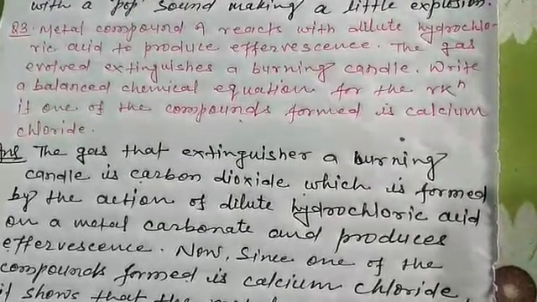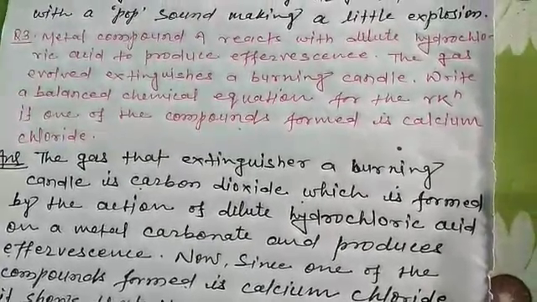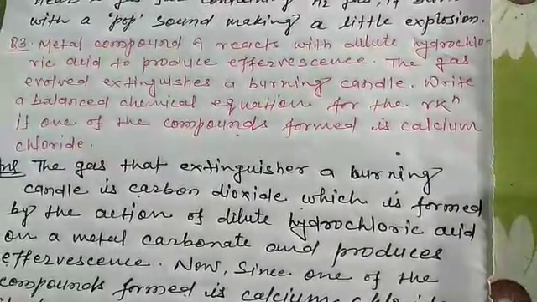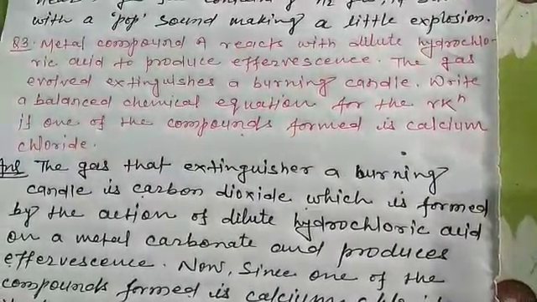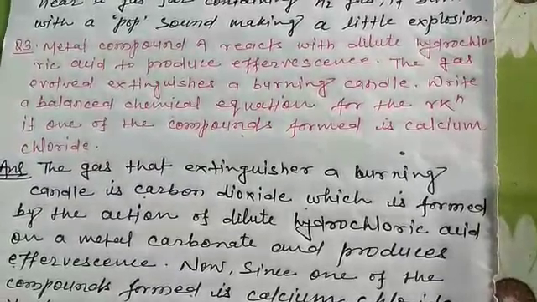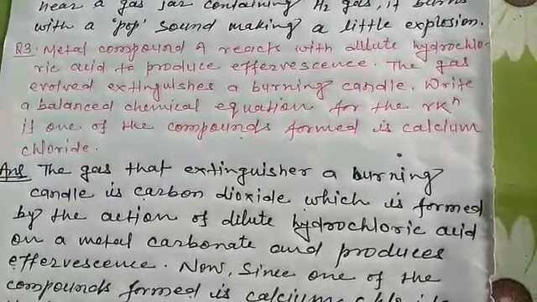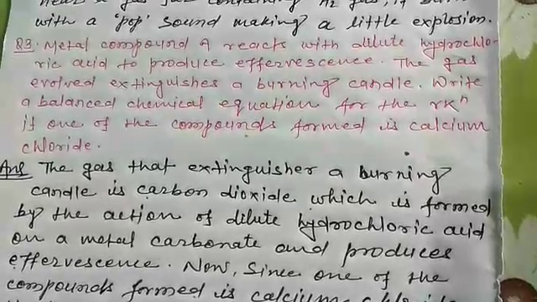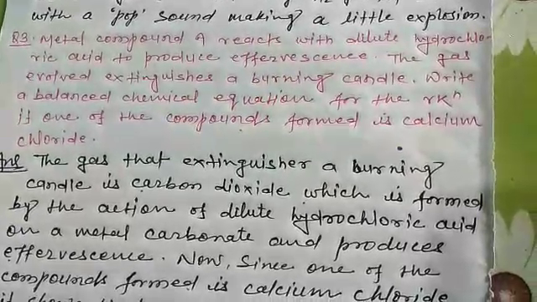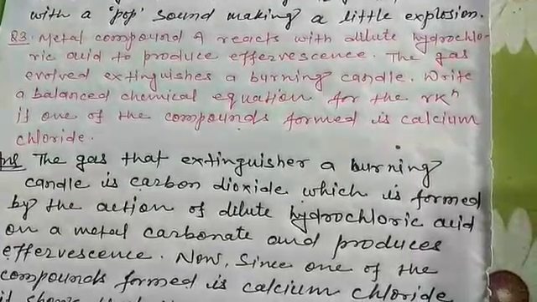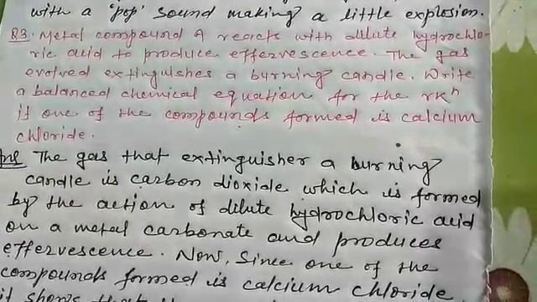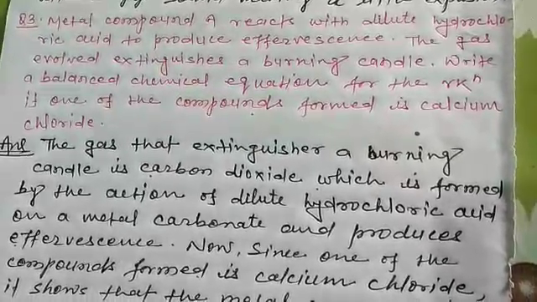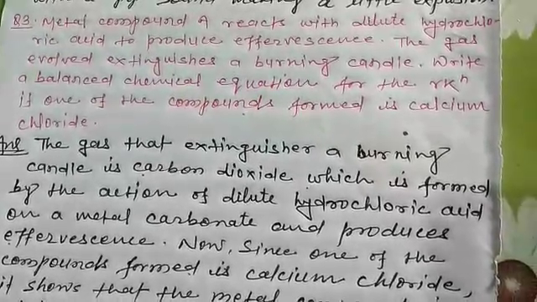Now, next question is, metal compound A reacts with dilute hydrochloric acid to produce effervescence. The gas evolved extinguishes a burning candle. Write a balanced chemical equation for the reaction if one of the compounds formed is calcium chloride.